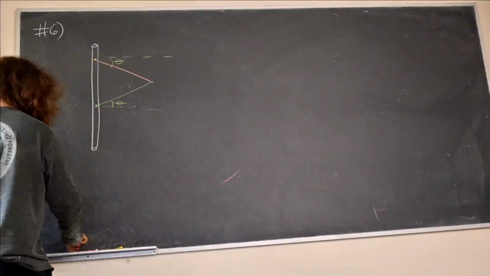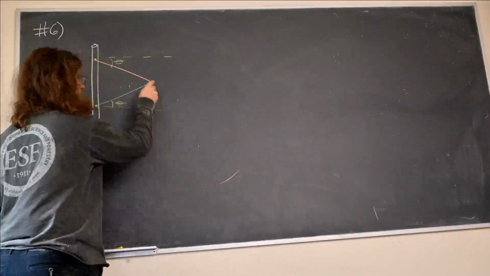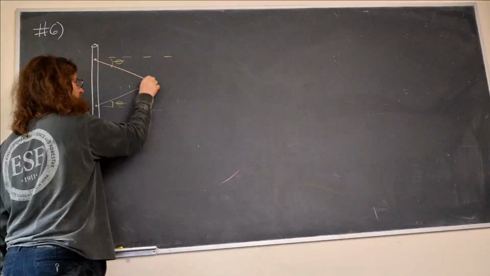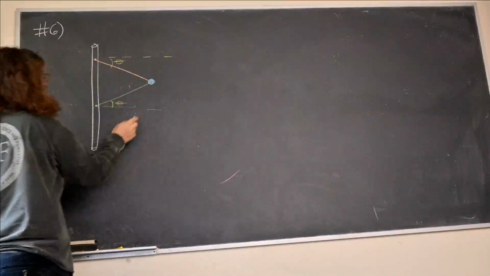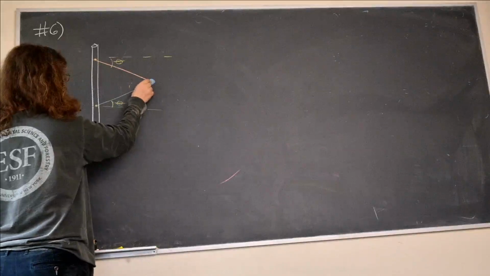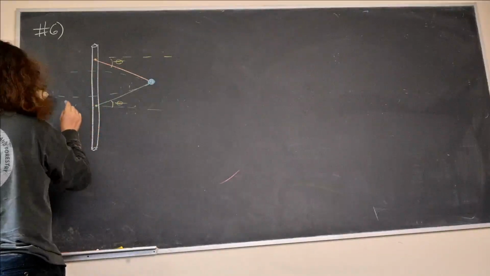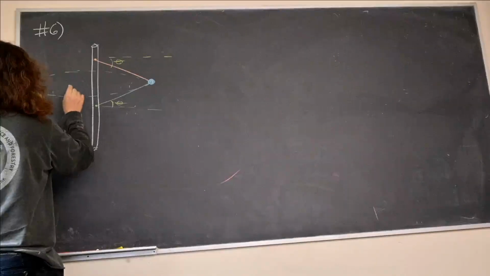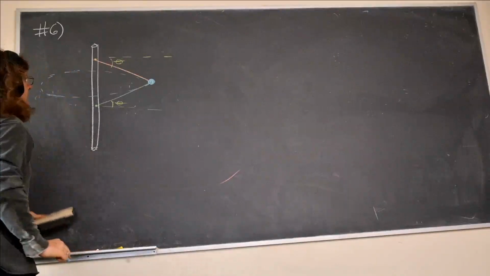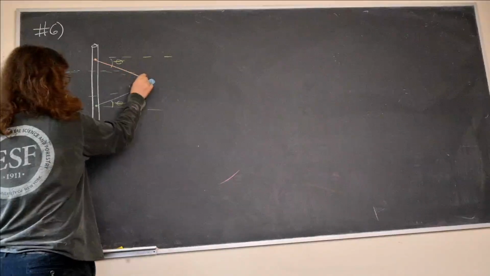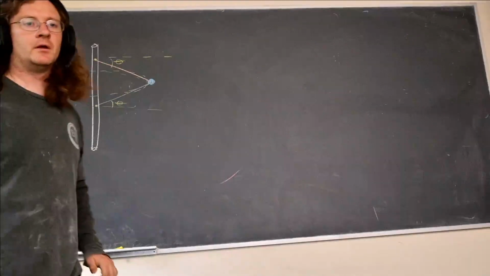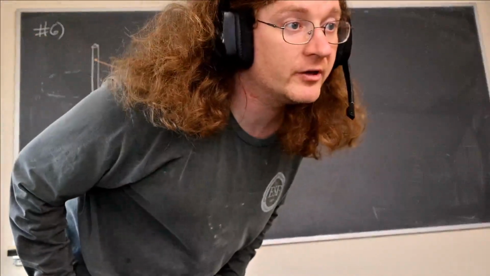And there is some object, it's a ball I think, over here. And this is spinning around. So this is going around like so. Do I give you the angular velocity here? Yes.